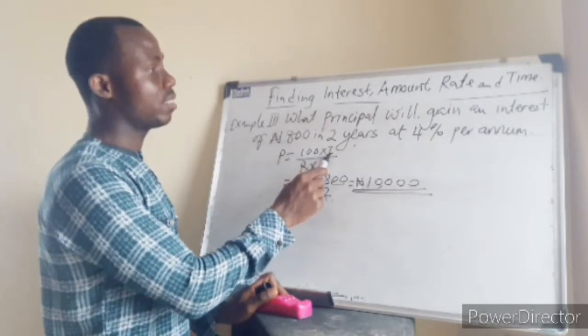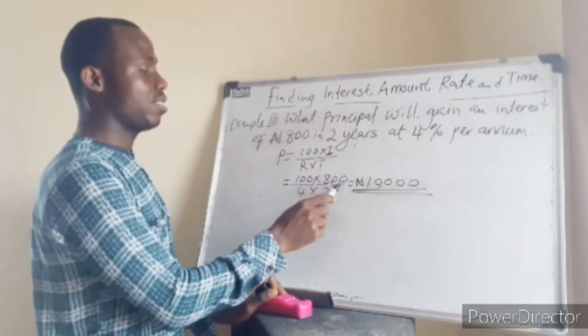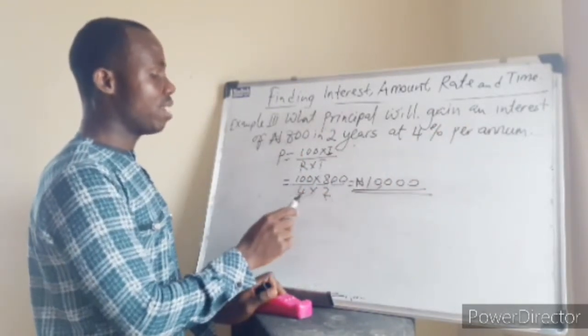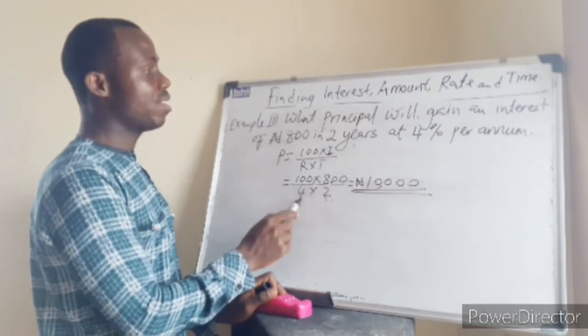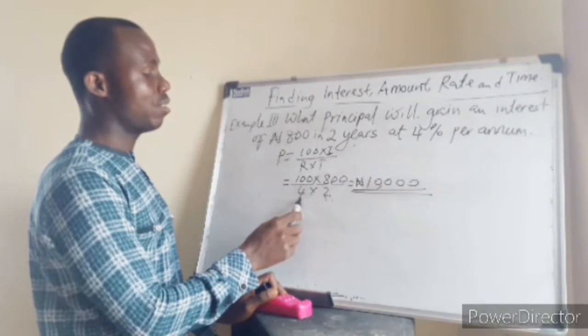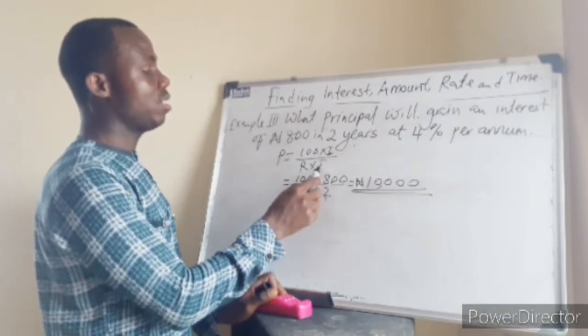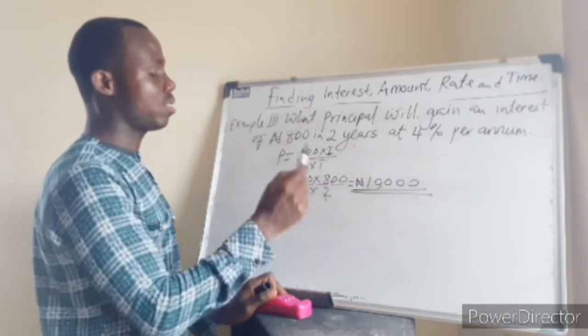I is the interest, 800 naira. Rate is always in percent, 4%. That is 4 times 2, because T, which is the year, is 2 years.